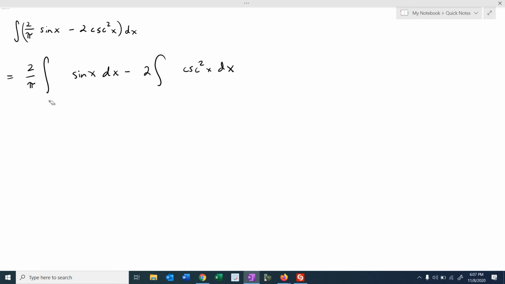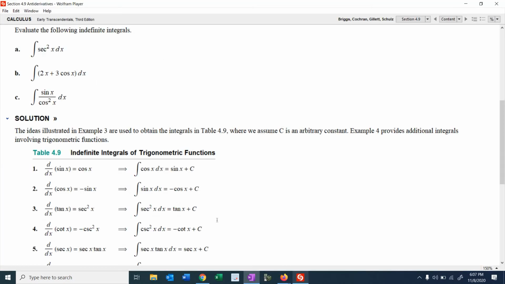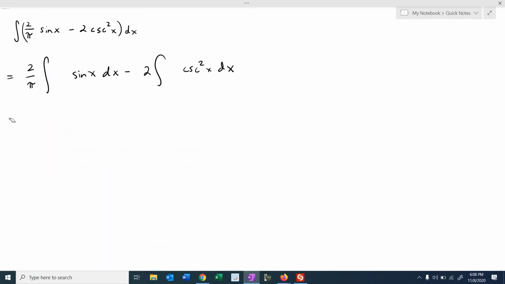Now we need to know the antiderivative of sine of x. If you look at table 4.9 again, the antiderivative of sine of x is minus cosine of x plus a constant. I'm going to call it C1.